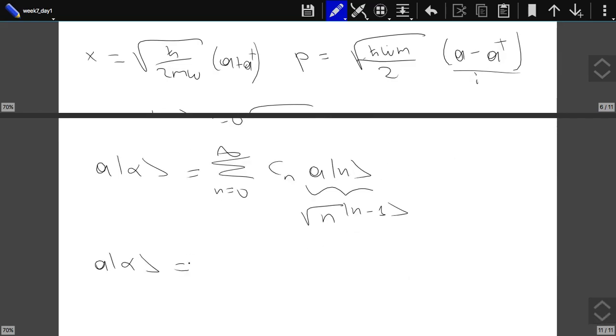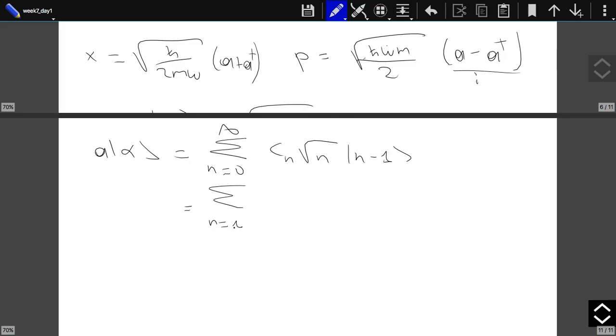So A acting on the alpha ket gives me the sum from 0 to infinity of Cn square root of n times n minus 1, which I can also write as the sum from n equals 1 to infinity of Cn square root of n times n minus 1.